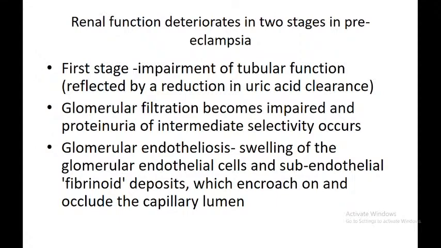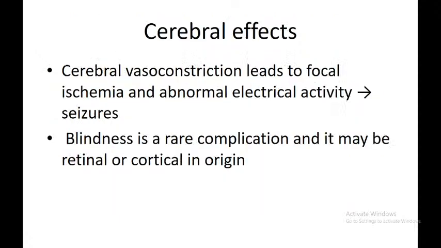Because the endothelial cells of the glomerulus become swollen, and not only swollen, there are also subendothelial fibrinoid deposits. So together they try to encroach on and occlude the capillary lumen. So this is the characteristic feature that we see in preeclampsia in the glomerulus.